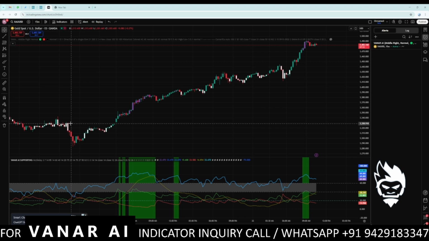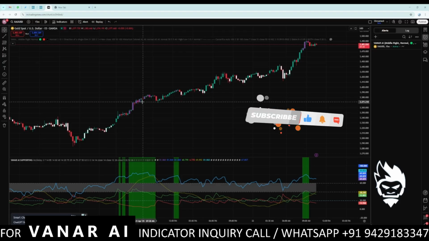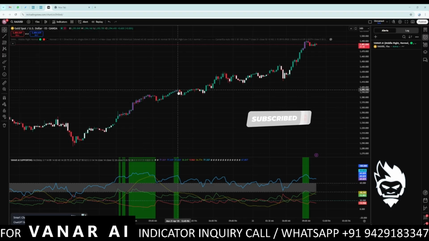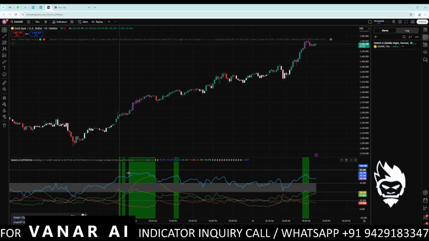Whenever you see the buy signal trending move, you can see purple candles over here. What this purple candle indicates is the overbought zone. You can see here also it's an overbought zone. In this background, the yellow green color indicates the overbought zone.